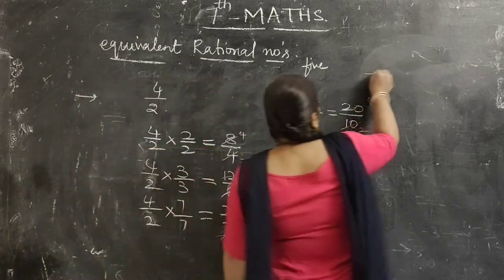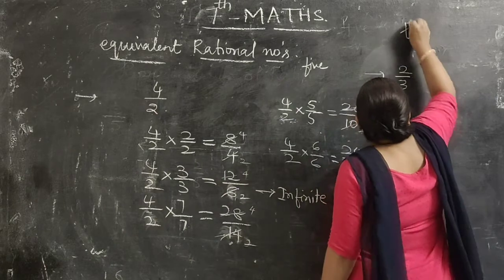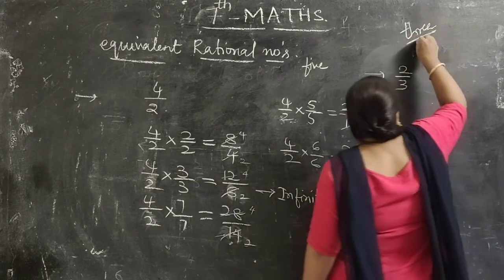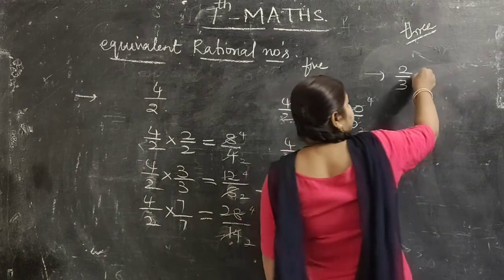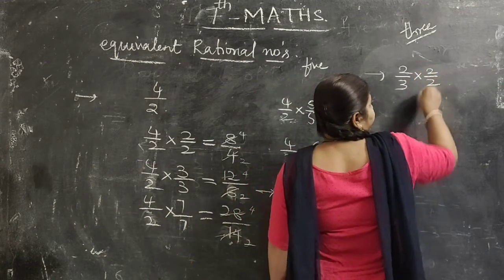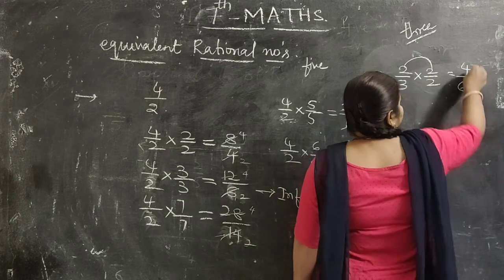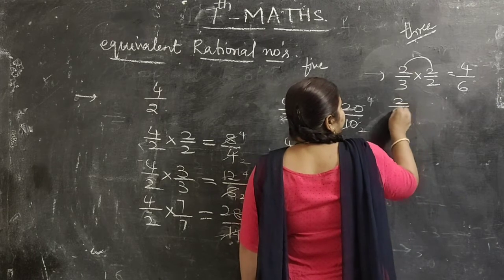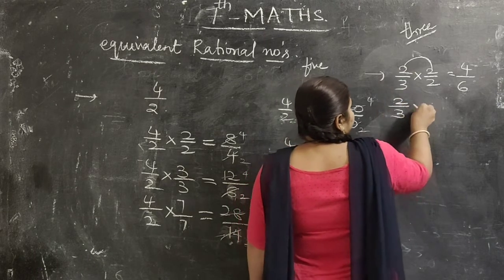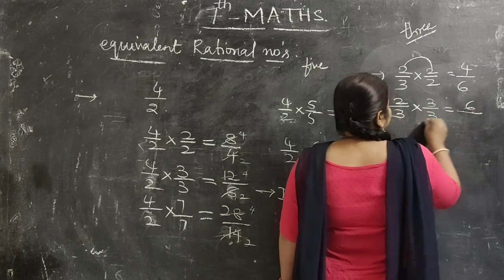So we can take one more example here, 2 by 3 I am taking. I want to find 3 equivalent fractions for this. So from where we will start? From 2 we will start. That is 2 by 2. 2 2s are 4, 3 2s are 6. This 4 by 6 is the equivalent fraction for this 2 by 3. In the same way, 2 by 3 into 3 by 3. 3 2s are 6, 3 3s are 9.